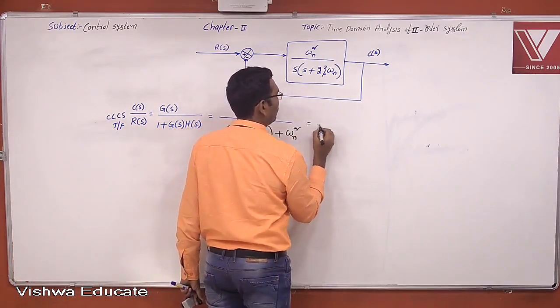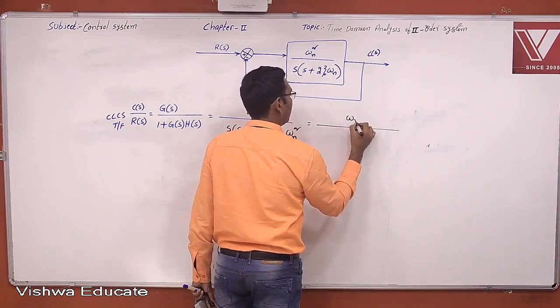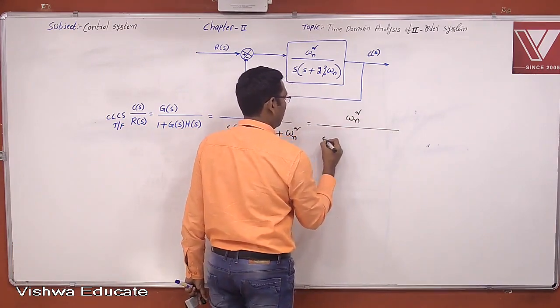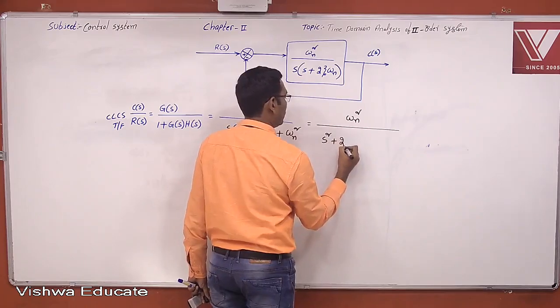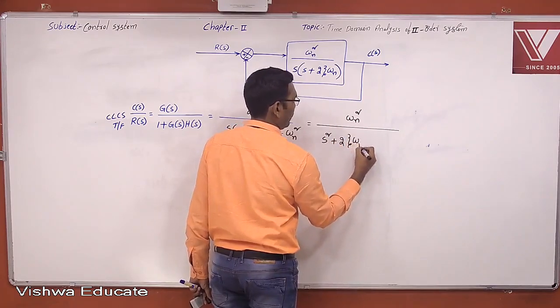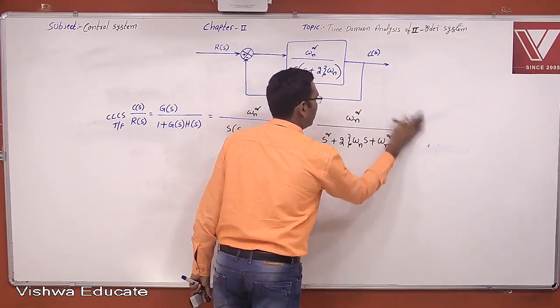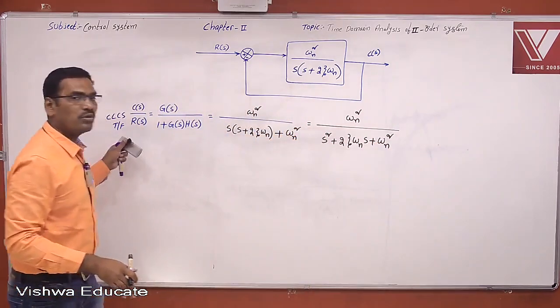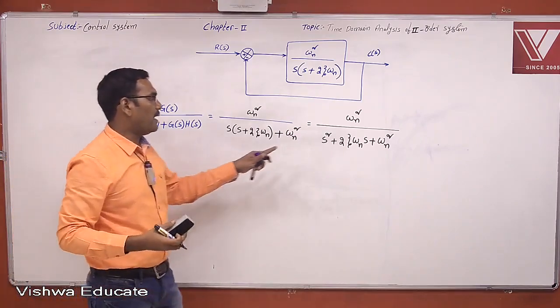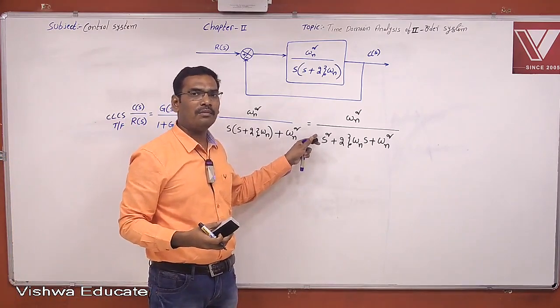Therefore, this is equal to omega n square by s square plus 2 zeta omega n s plus omega n square. Now see, this is the closed loop control system transfer function. The highest power in the denominator polynomial is 2.